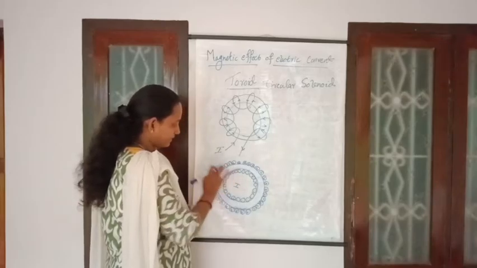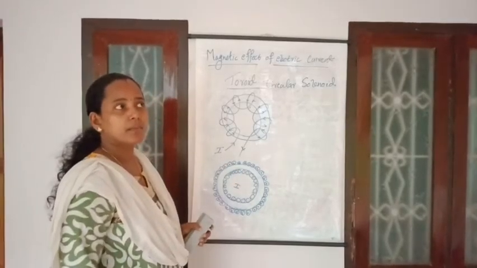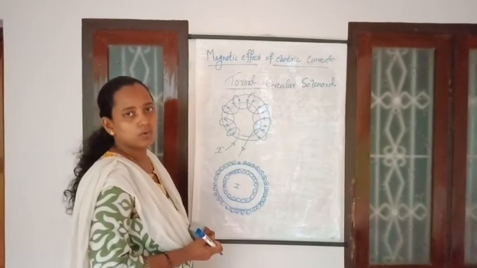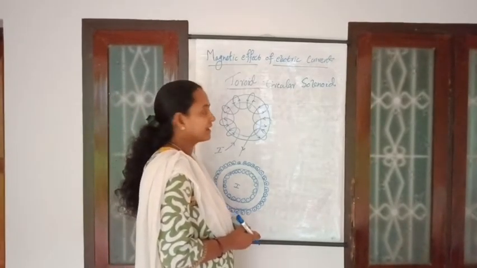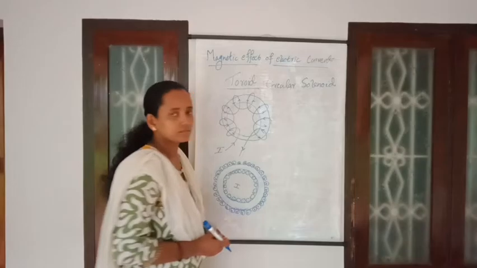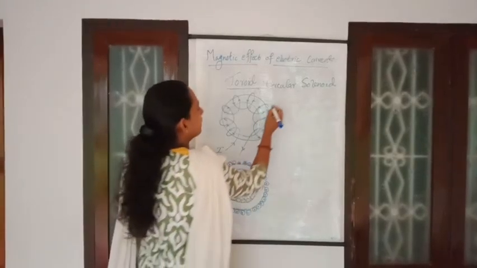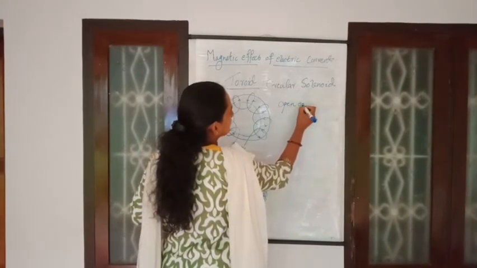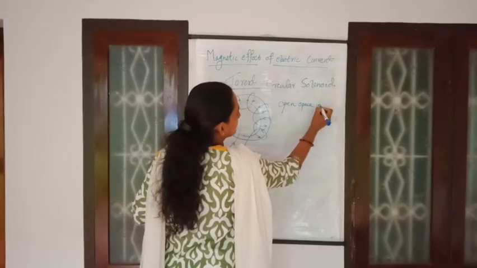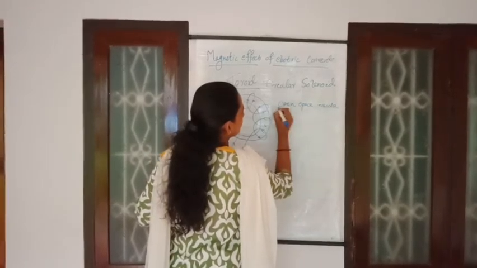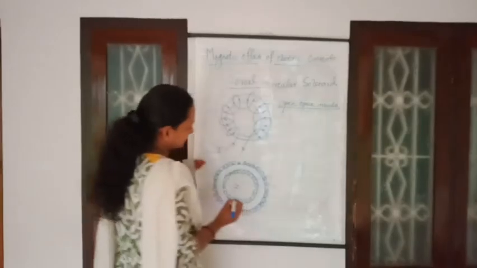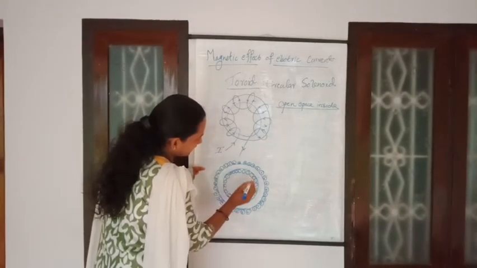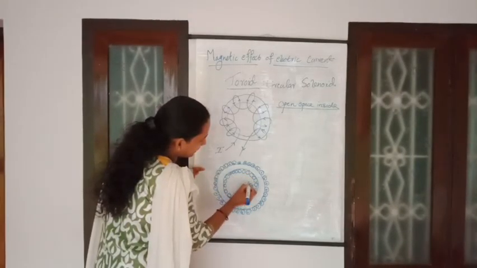By applying which theorem? By applying Ampere's law. So first we can consider the open space inside. That means we want to find the magnetic field at a point P inside of this.